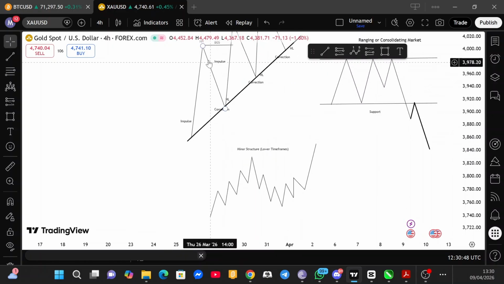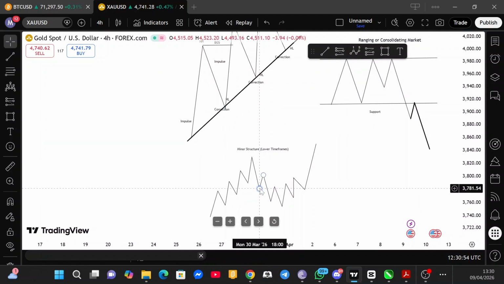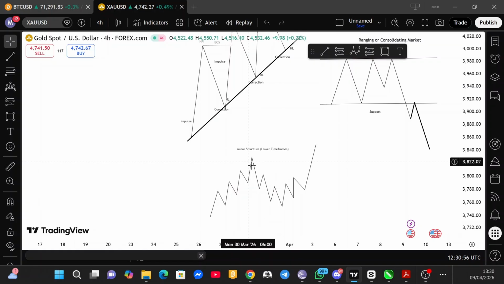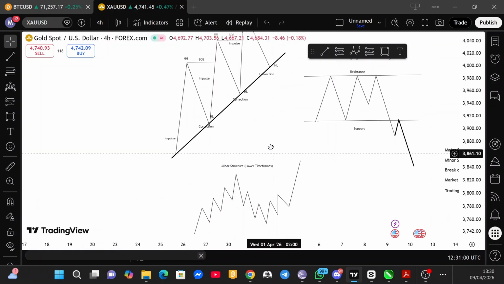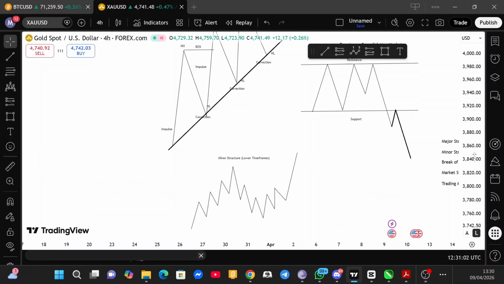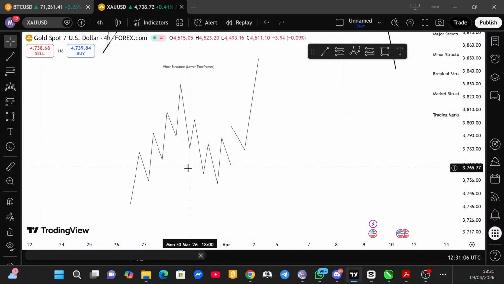And then this correction phase is going to begin to create lower highs and lower lows. So bullish and bearish.